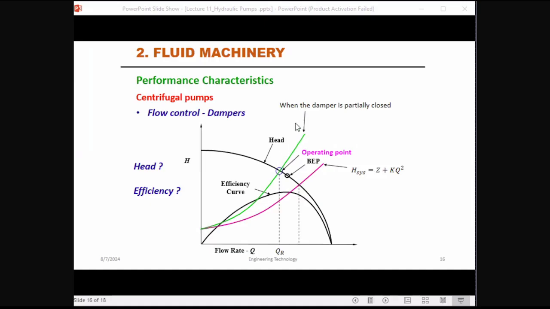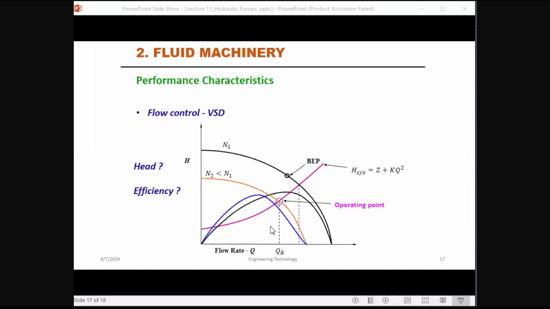When the damper is partially closed, this graph will shift to this position. It means the flow rate will be reduced. Here you can identify the flow rate is reduced.